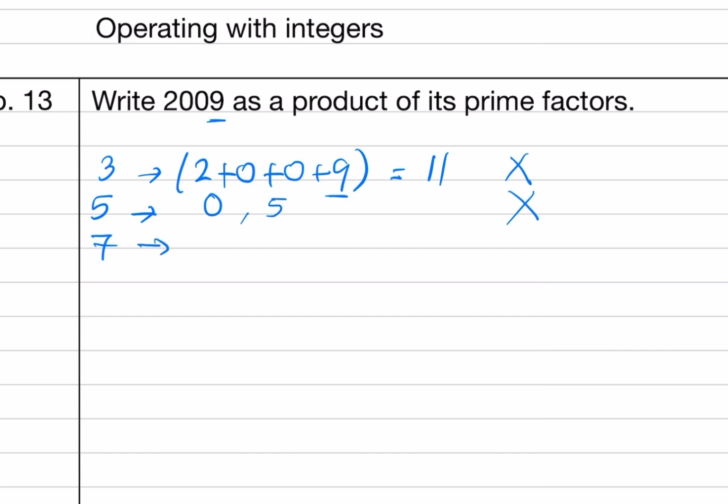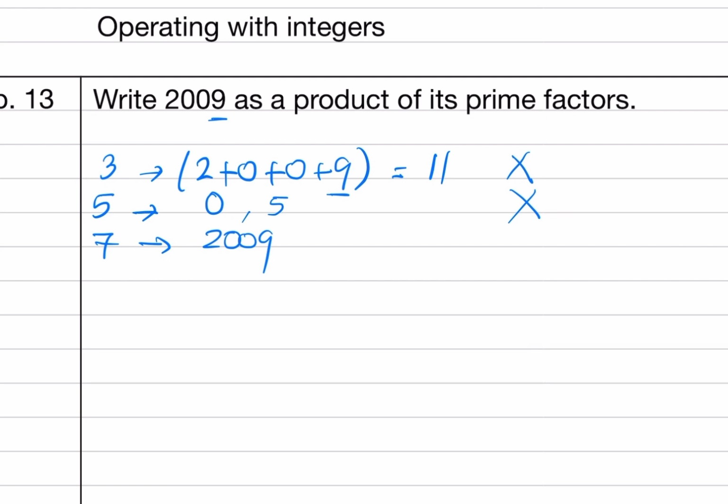Well, this is a calculator problem, so you can obviously use a calculator. Divided by 7, it gives us 287. Brilliant. Now we can still divide 287 by 7.